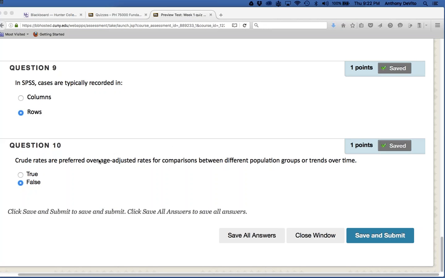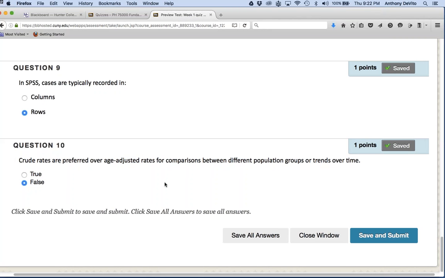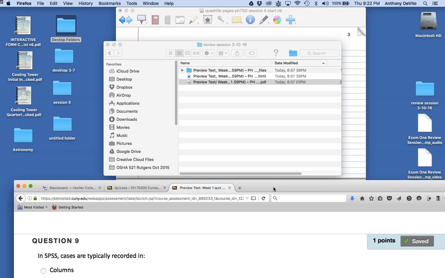So we need a mechanism for saying, let's take those crude rates, that 100 per 100,000 or the 300 per 100,000, and let's even out the difference in the age distribution of the population, so that we aren't biasing this based on the differences in the age distribution of the two populations.